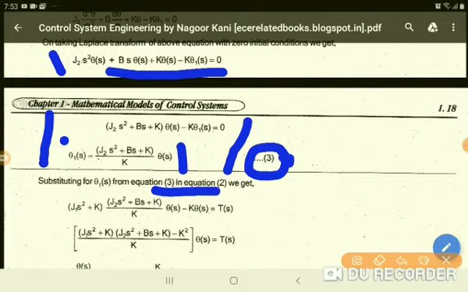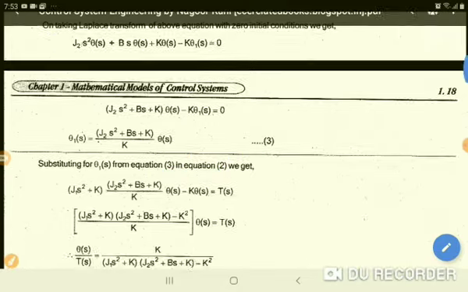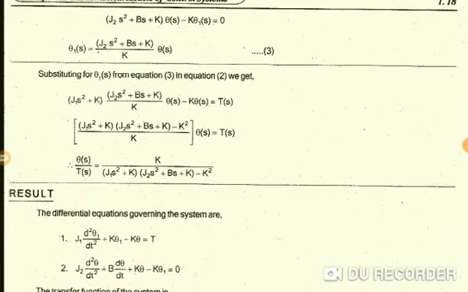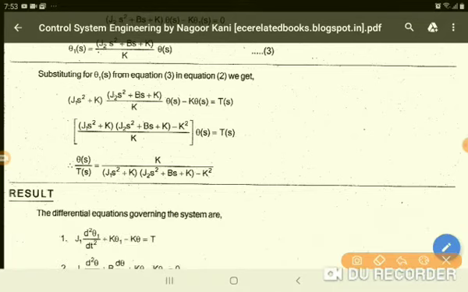Now substitute theta 1 of s from the third equation into the second equation. With simplification, we get theta of s by T of s equals K divided by J1 s square plus K into J2 s square plus B s plus K, minus K square.